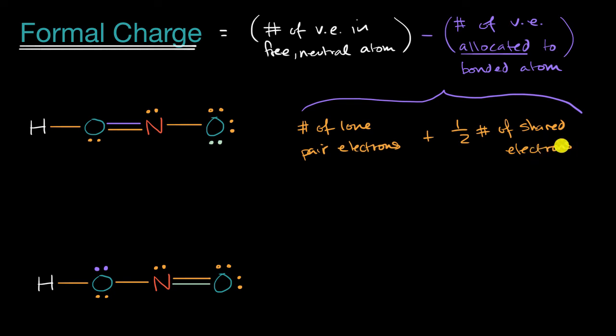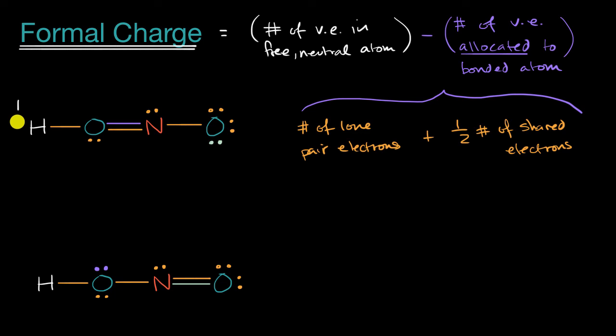So let's try to make sense of this by applying this definition of formal charge to the constituents of nitrous acid. So let's start with this hydrogen over here. What's the number of valence electrons in a free neutral atom of hydrogen? Well, we've seen this multiple times. You could look at this on the periodic table of elements. Free neutral hydrogen has 1 valence electron. Now, how many valence electrons are allocated to the bonded atom?